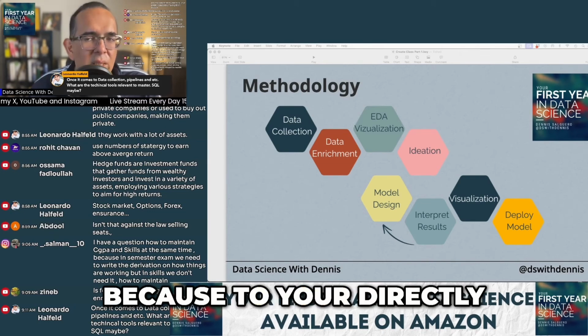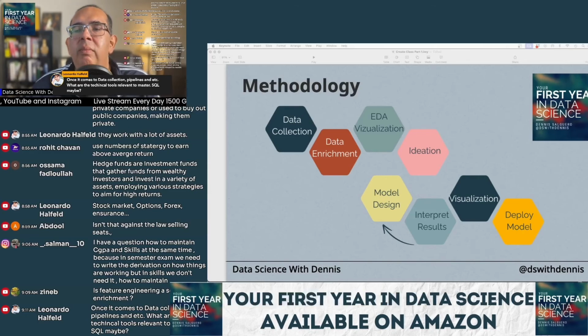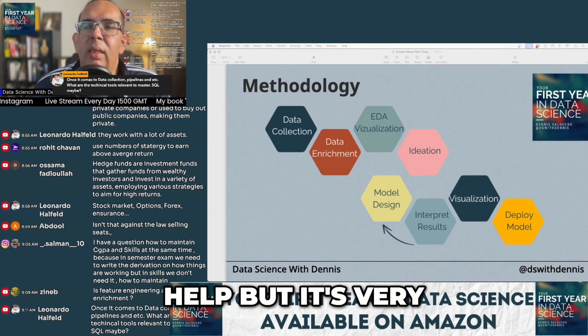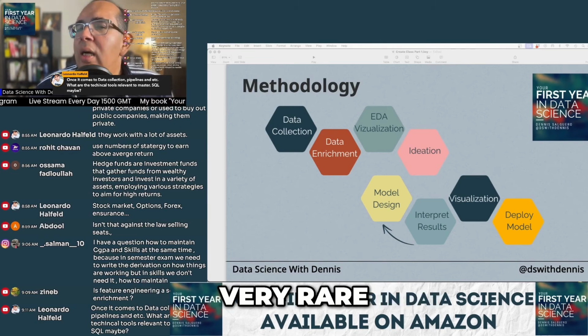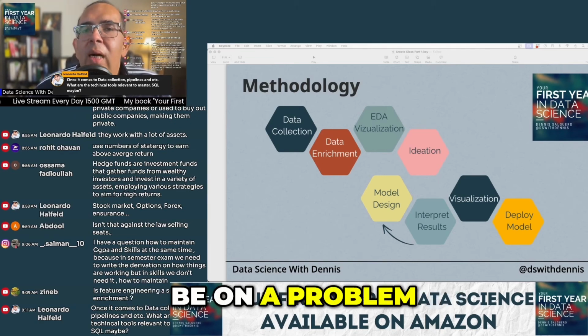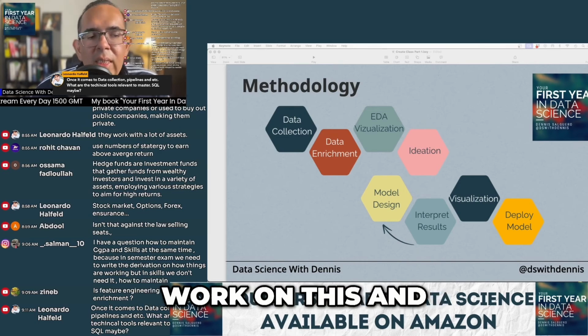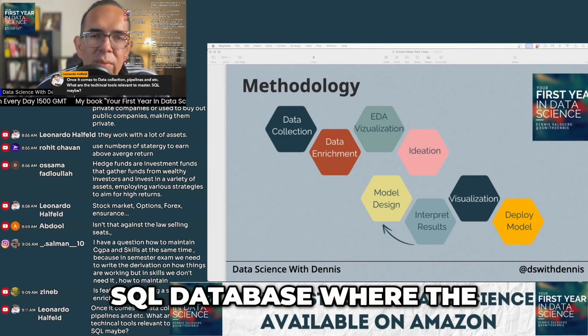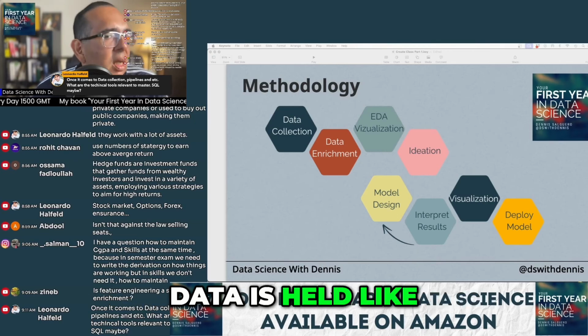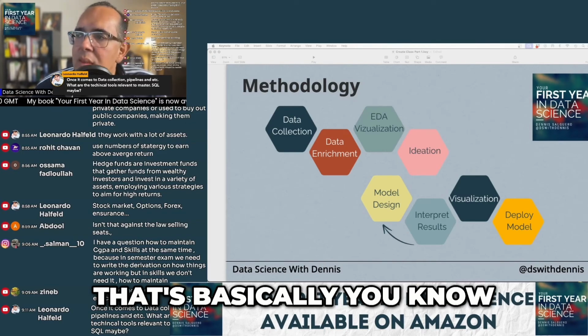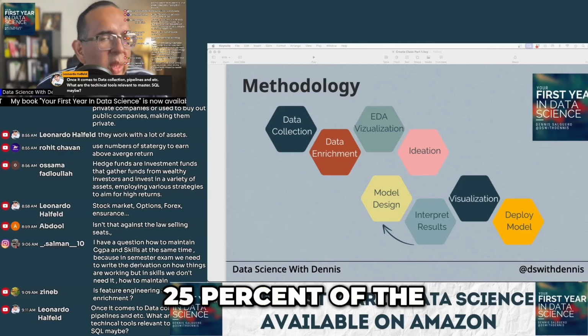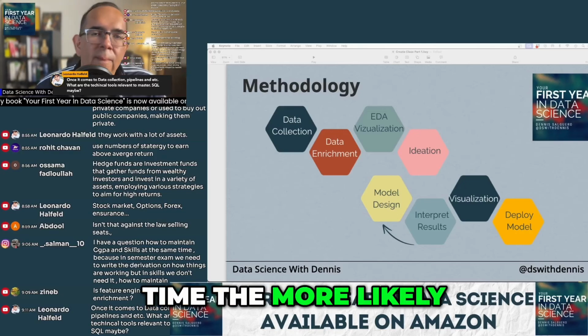Because directly to your question, Leo, SQL does help, but it's very, very rare where you're going to be on a problem where they tell you, here, we need to work on this, and here is the single SQL database where the data is held. That's basically the case only like 25% of the time.